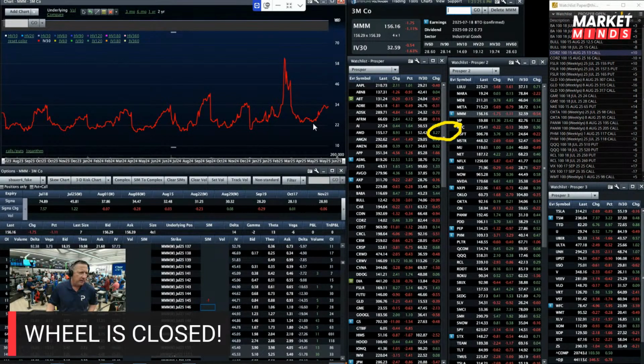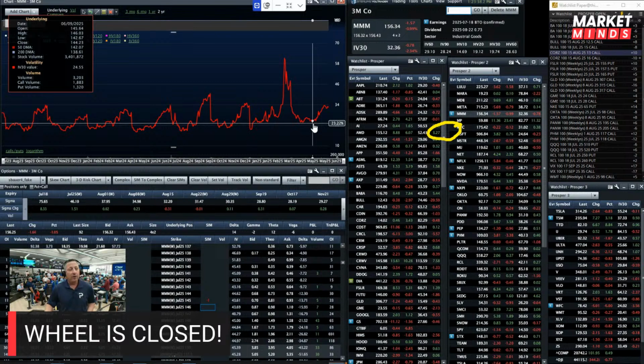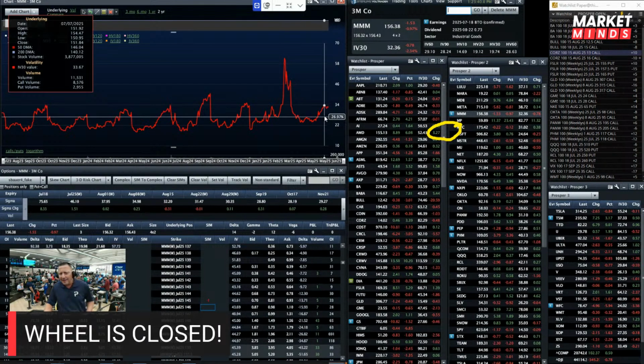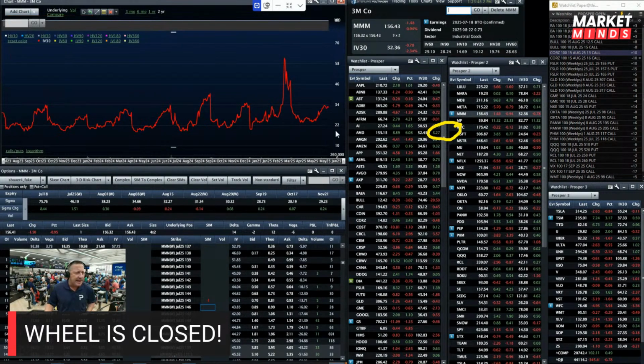If I were to look at 22 here, I would see that's the absolute bottom. Like that's big time support, right? I'd be a buyer of vol there. So it's probably more likely 20, mid to higher 20s, let's say 26, 27 or so. So I'm going to make that 27.